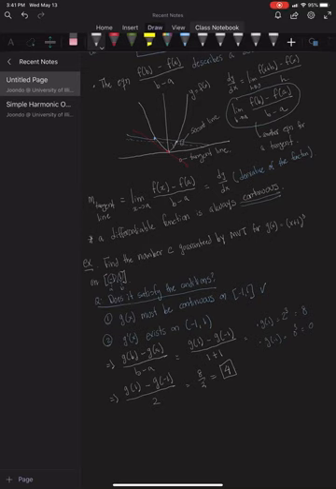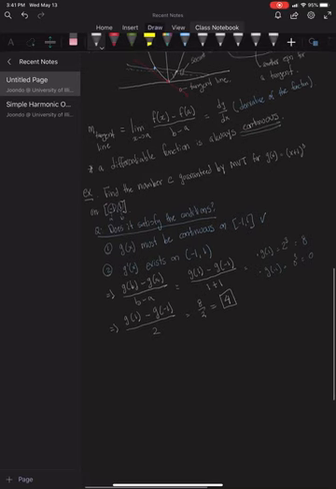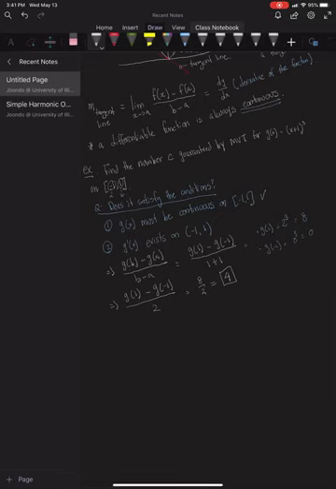Okay? Now, we have to find G prime of x. If you find G prime of x by chain rule, it equals 3 times x plus 1 squared times 1, because the derivative of the inner function here is 1.